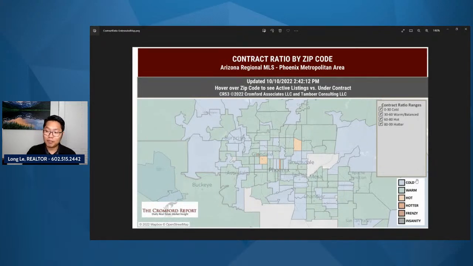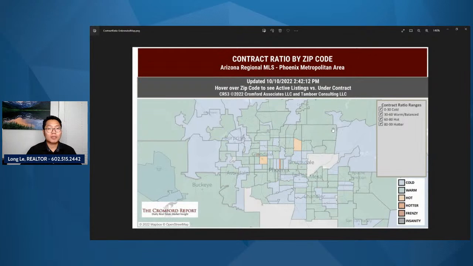Cold is in the light blue area, and a lot of areas are already in the cold market, especially Chandler, Gilbert, Tempe, Phoenix, Peoria, Glendale, Avondale, and Litchfield Park. A lot of them are already in the cold market, while the majority of the area is still in the warm area. But we can see some areas already in the cold market. So what happens in the cold market? Basically, no one wants to do anything.